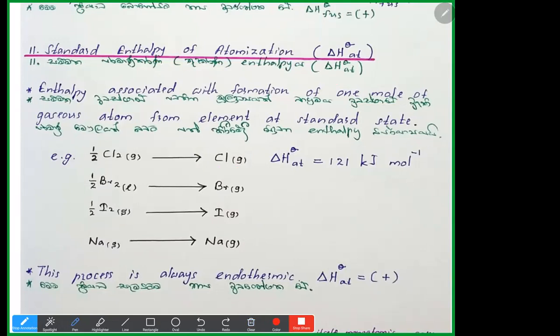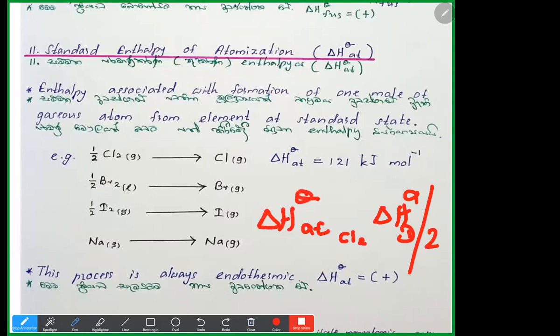So we can write delta H theta atomization of chlorine equals delta H theta dissociation divided by 2. Or otherwise, we can write delta H theta atomization of sodium equals delta H theta sublimation of sodium.